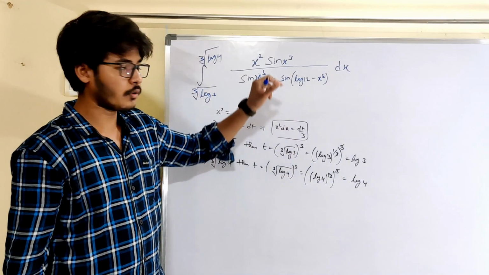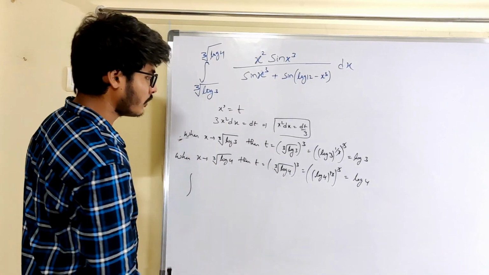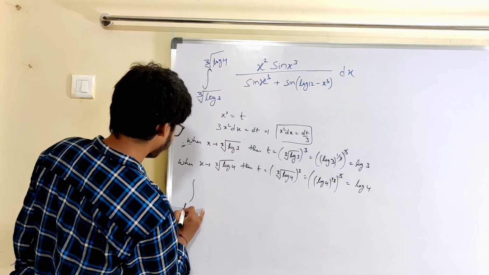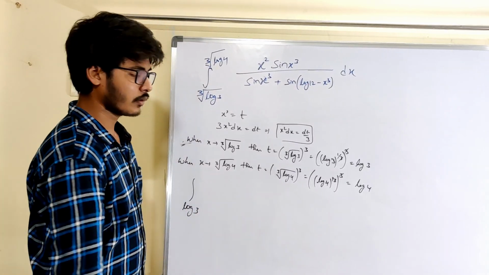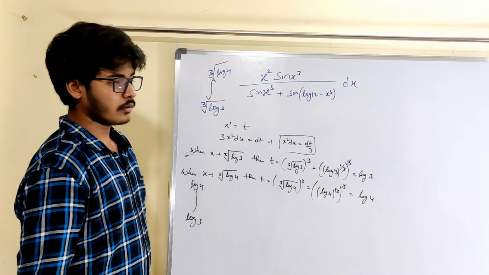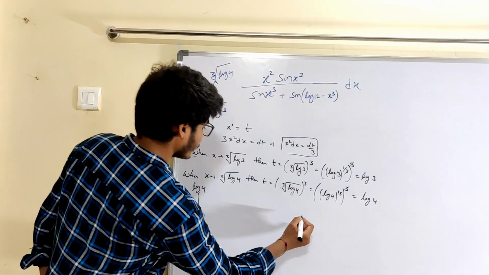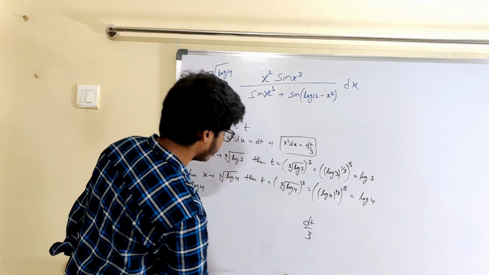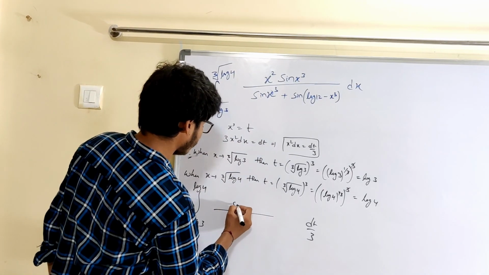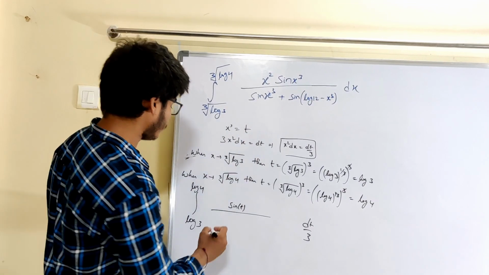Now we substitute x cube is equal to t, and the lower limit and upper limit, in the above equation. So we get integral, lower limit is log 3 and upper limit is log 4. x square dx can be written as dt by 3, and sin of t, since x cube is equal to t.